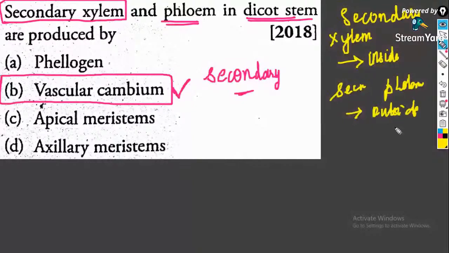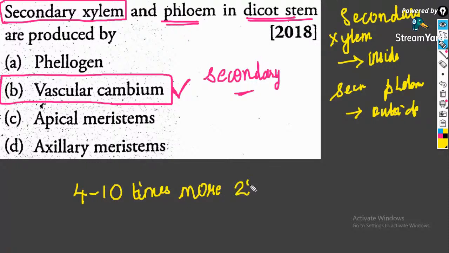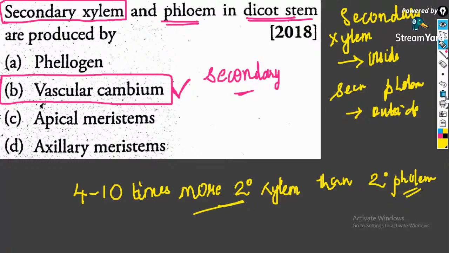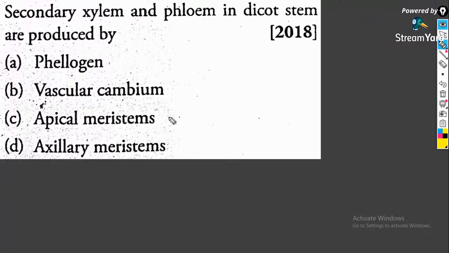And the most important thing is that 4 to 10 times more secondary xylem is produced than secondary phloem. So the number of secondary xylem is more than the number of secondary phloem. So you have to study that vascular cambium is secondary in nature, that is, it leads to the formation of secondary xylem and secondary phloem in a dicot stem.